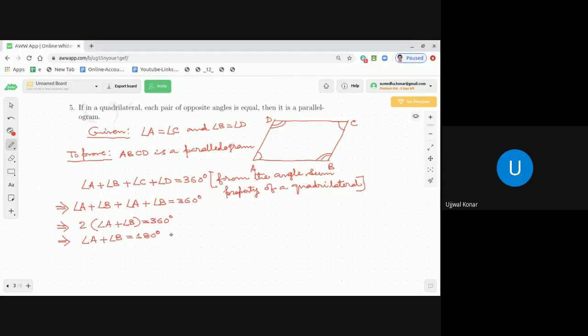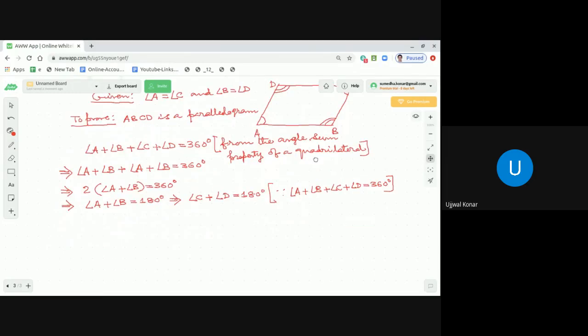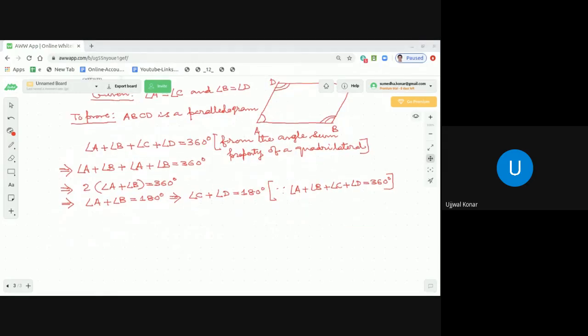So from here we can conclude that angle C plus angle D is equal to 180 degrees. Correct, dear students? Now, angle A plus angle B is equal to angle C plus angle D is equal to 180 degrees.